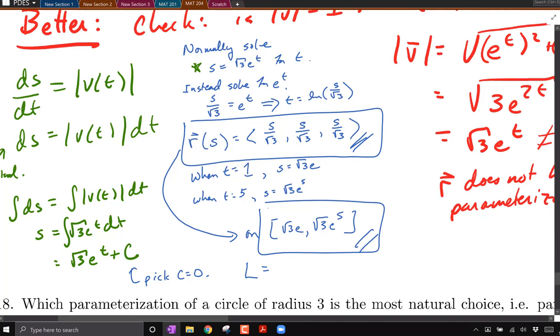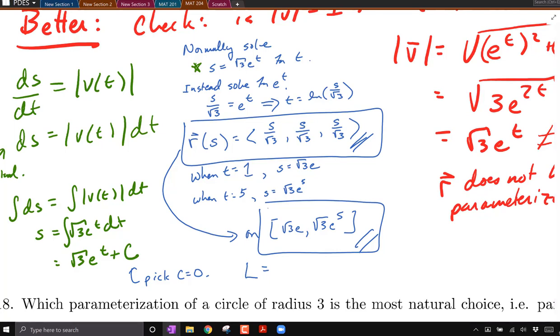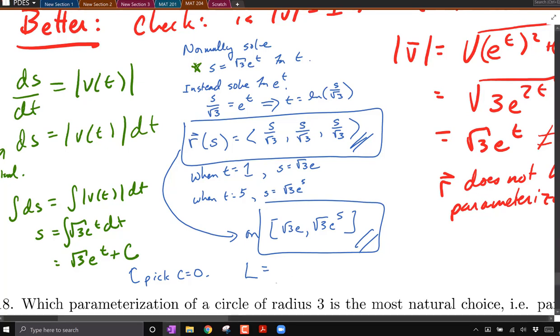But look how easy it is, now that we've got the arc length parameterization on this, to compute the arc length. It would be the integral from the square root of 3e to the square root of 3e to the 5th of the magnitude of our speed, but now it's parameterized with s instead of t.